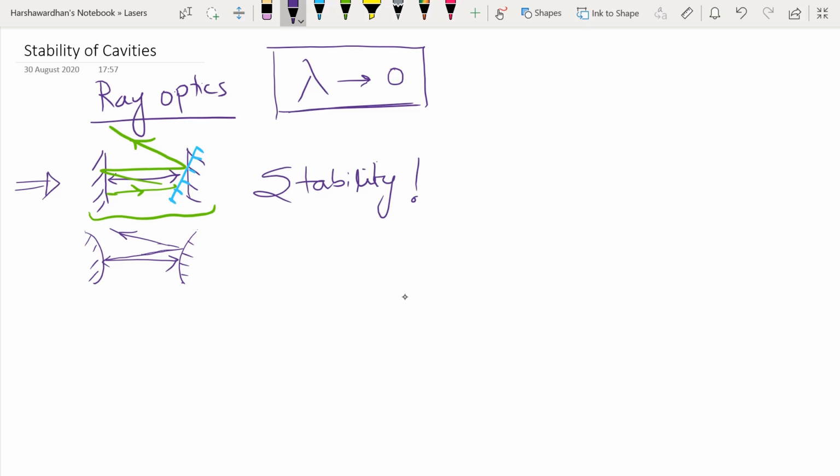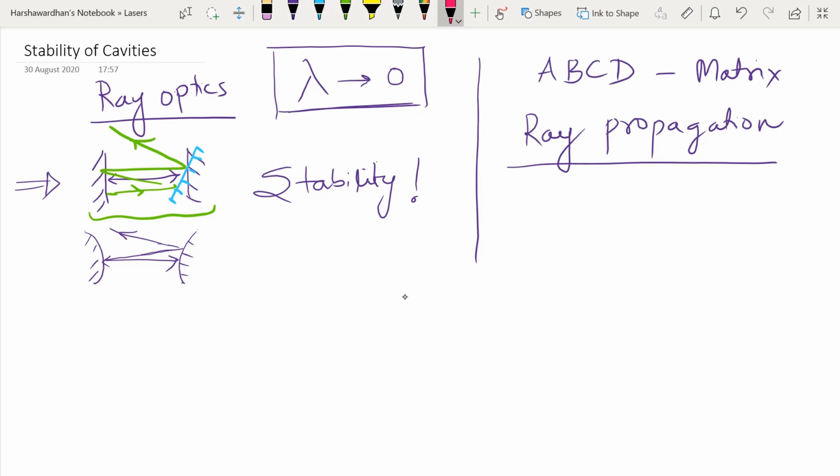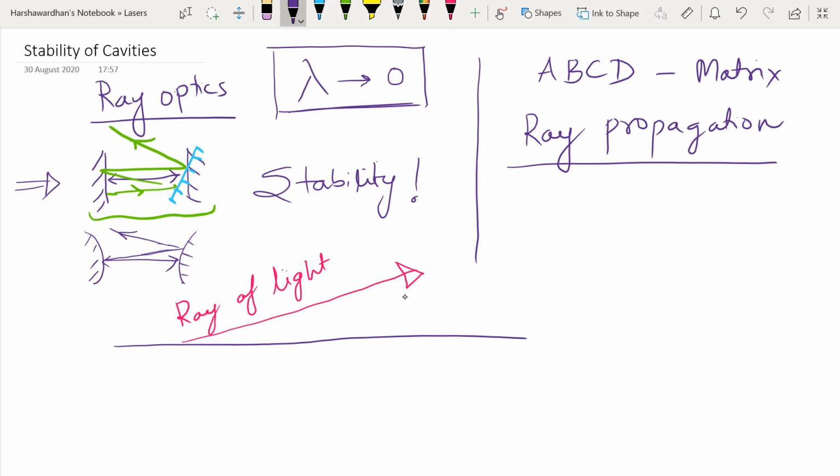So to get to stability, we will construct something called an ABCD matrix associated with ray propagation. So my light, for example, is traveling in a certain direction. This is my ray of light, and there is a certain axis.